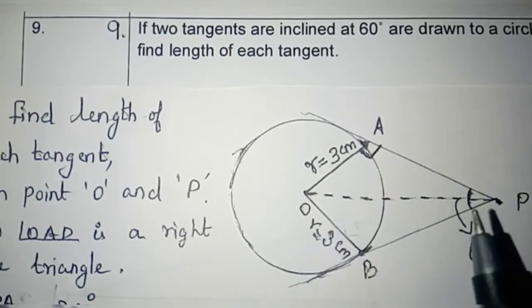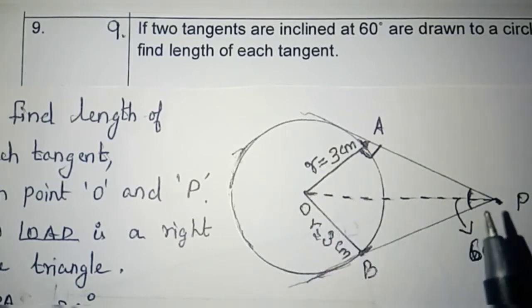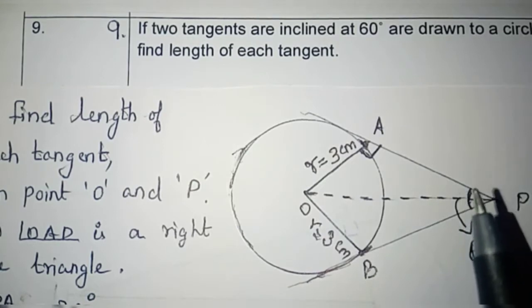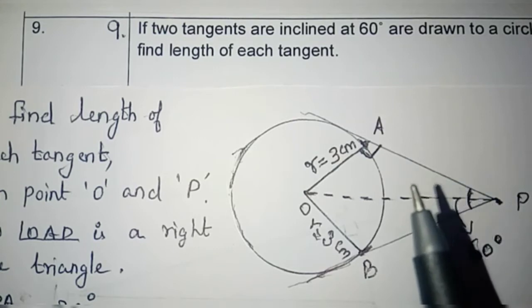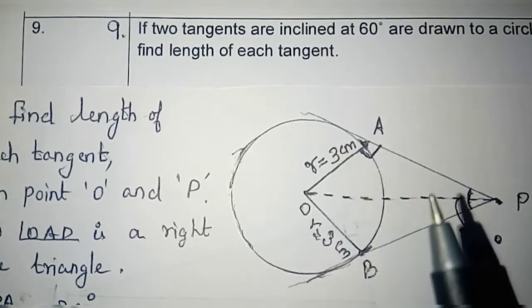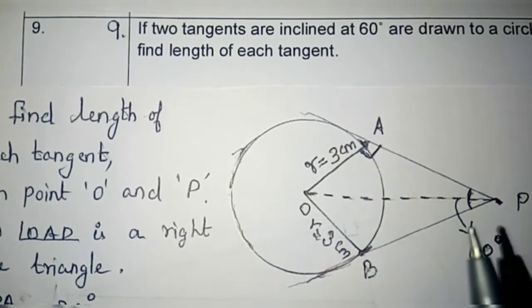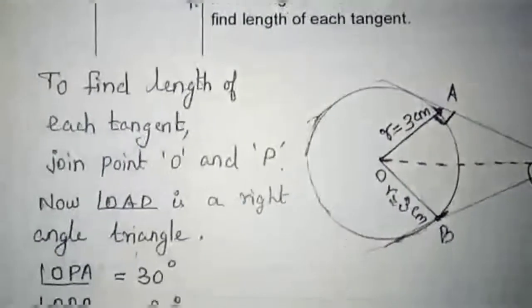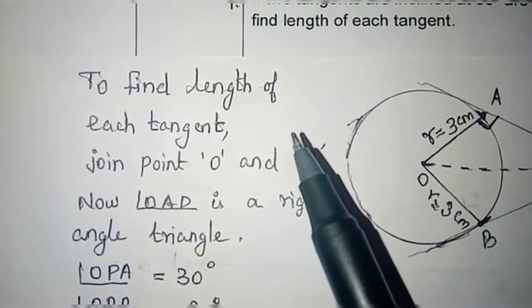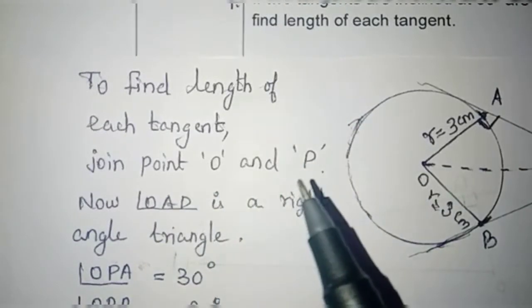And this line OP divides this angle into two equal parts. Angle APO is 30 degrees and angle OPB is 30 degrees. So in order to find out the length of each tangent, join point O and P.